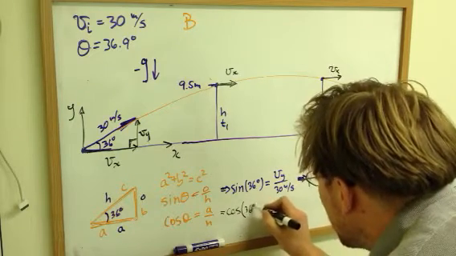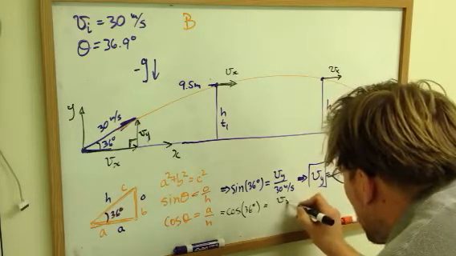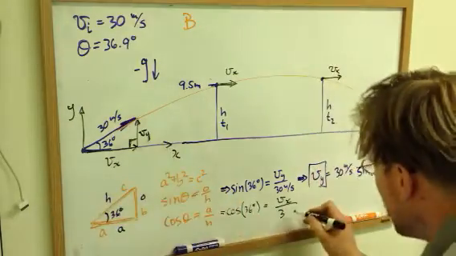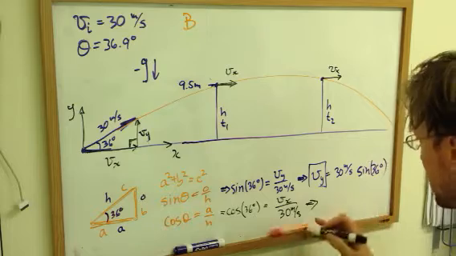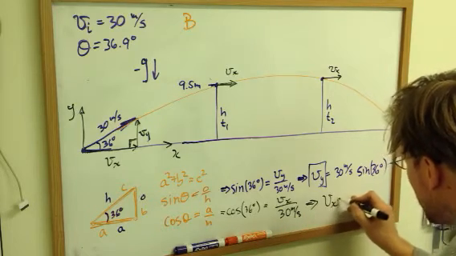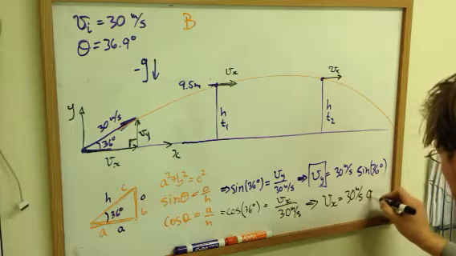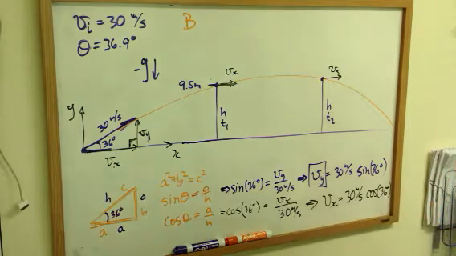Cos of 36 degrees is equal to the horizontal velocity over the hypotenuse, which again is 30 meters per second. I can solve it similarly to the vertical: 30 meters per second times cos of 36 degrees.